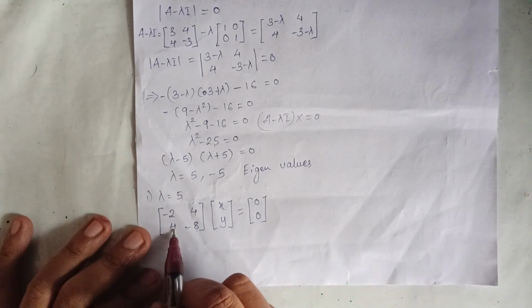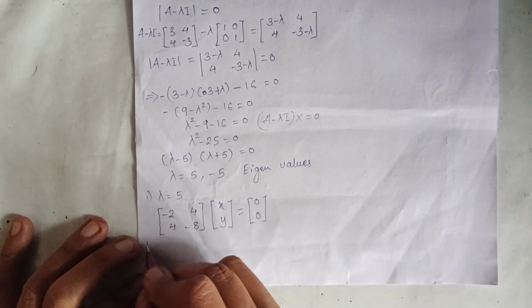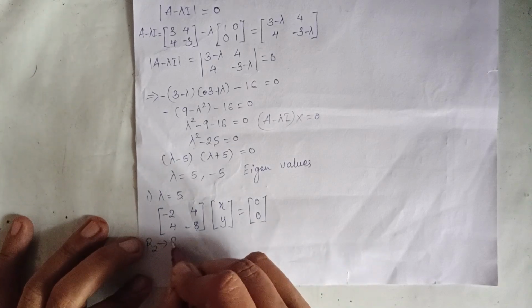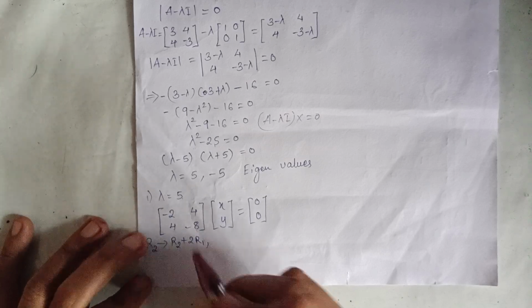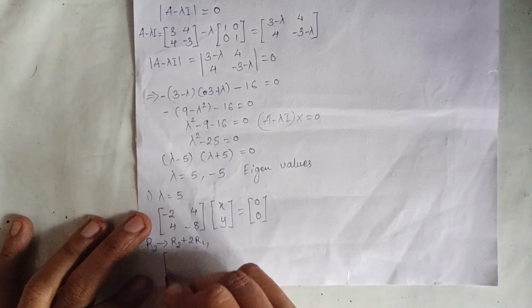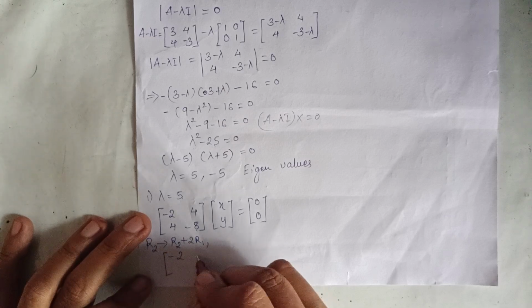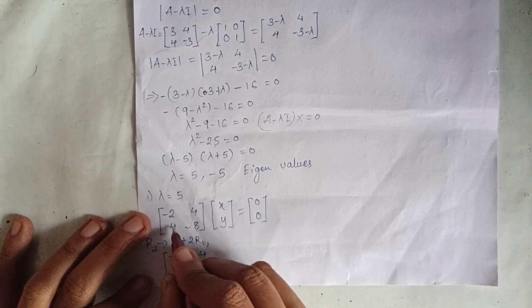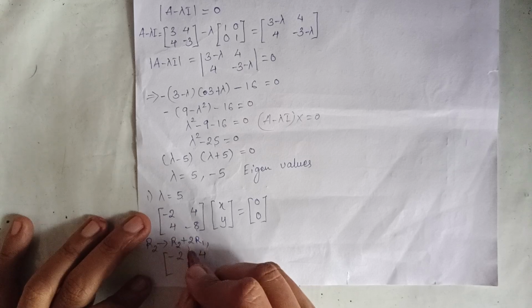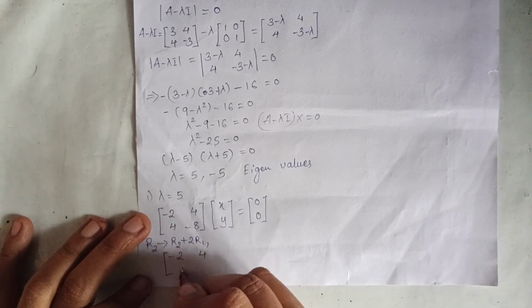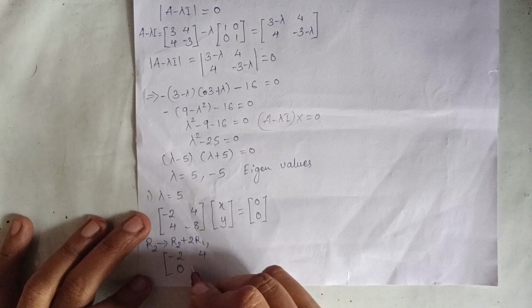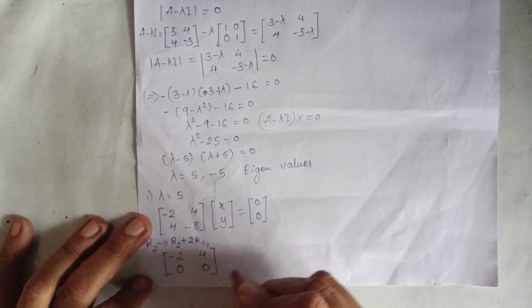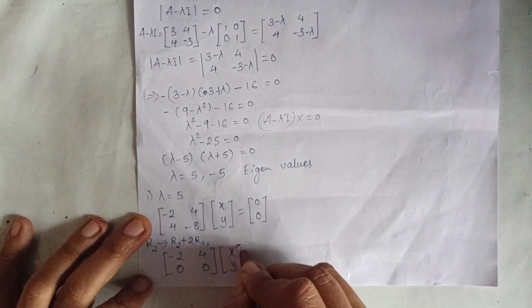Okay, so this will be R2 plus 2 into R1, and so this becomes 4 plus 2 into minus 2, minus 4, 4 minus 4 0, minus 8 plus 2 into 4, so 8, 0.